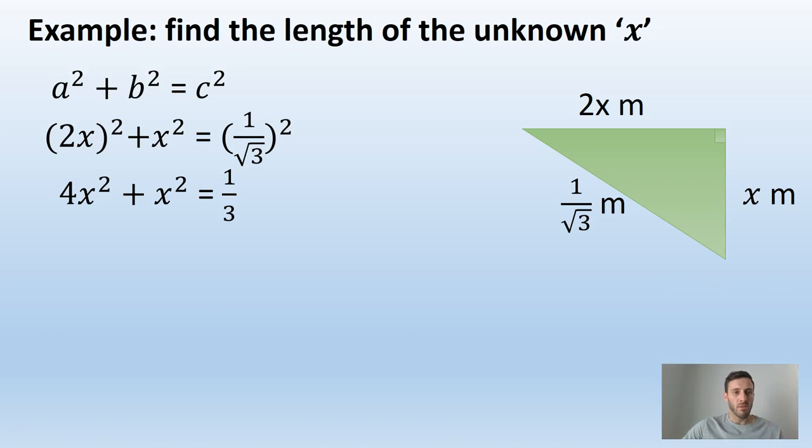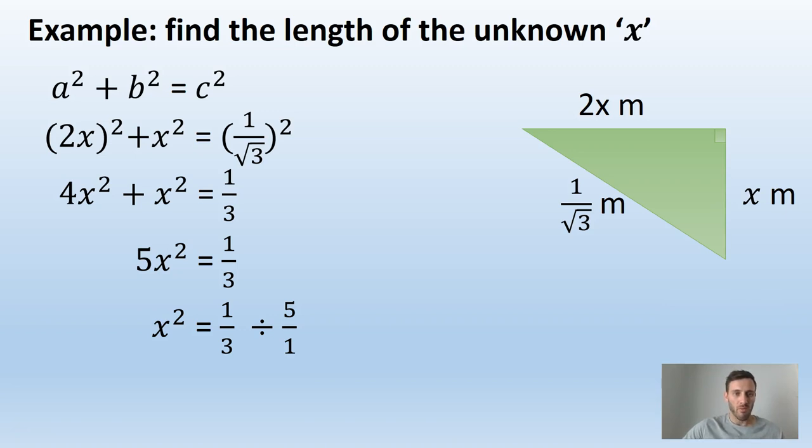Now we can collect like terms, so we have a 4x squared and an x squared, and we can add them together. We get 5x squared. What are we doing now, you might ask? We still need to get rid of that 5, so we're going to divide both sides by 5. That gets rid of the 5 on the left, so we're dividing 1 on 3 by 5, and 5 can be written as 5 on 1, same as any whole number.